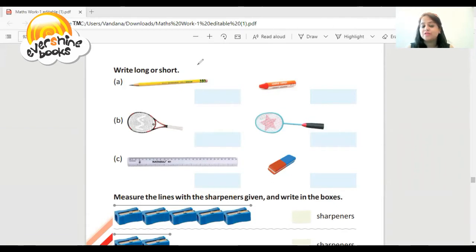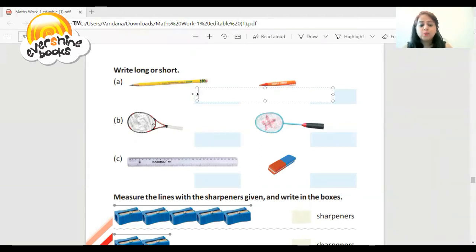Okay, students? Now, it's your very interesting worksheet: write long or short. This is your pencil, and compare this pencil with the crayon. The crayon is shorter than a pencil. So, this is your long pencil. Just write long here, because pencil is long and crayon is short.